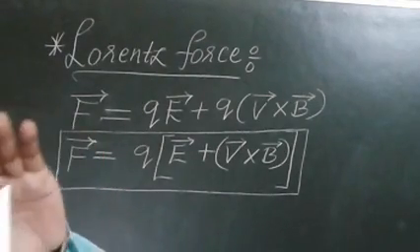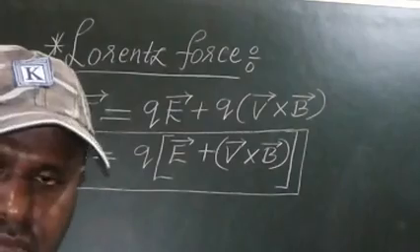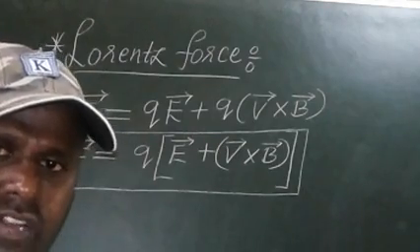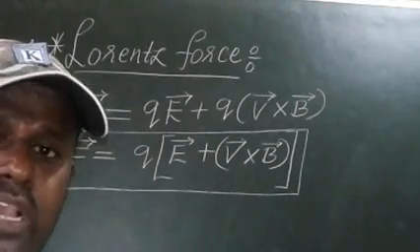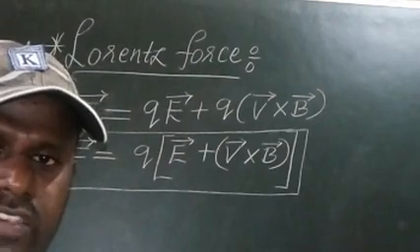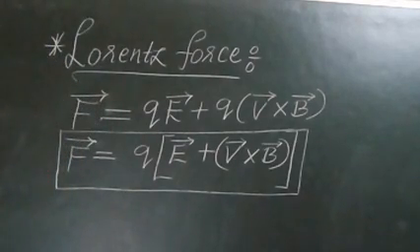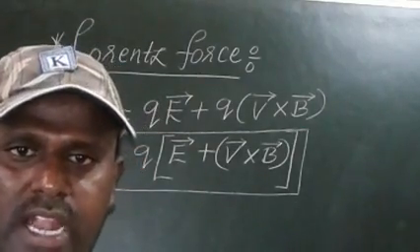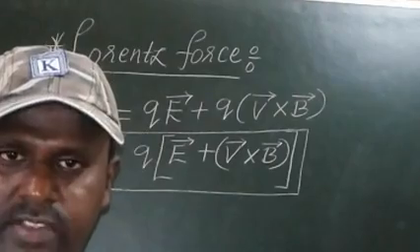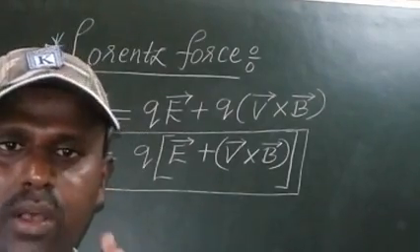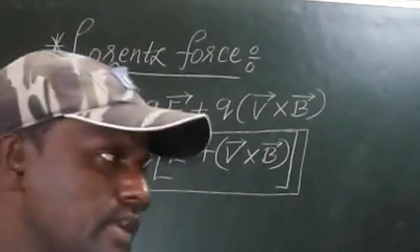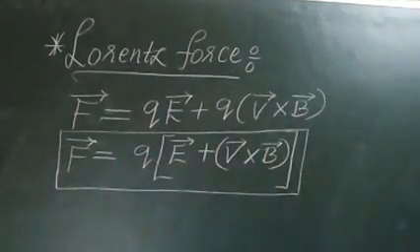Magnetic field and magnetic force exist only in the presence of a moving charge. So what is the source of magnetic field? Moving electric charge is the basic source of magnetic field and magnetic force.